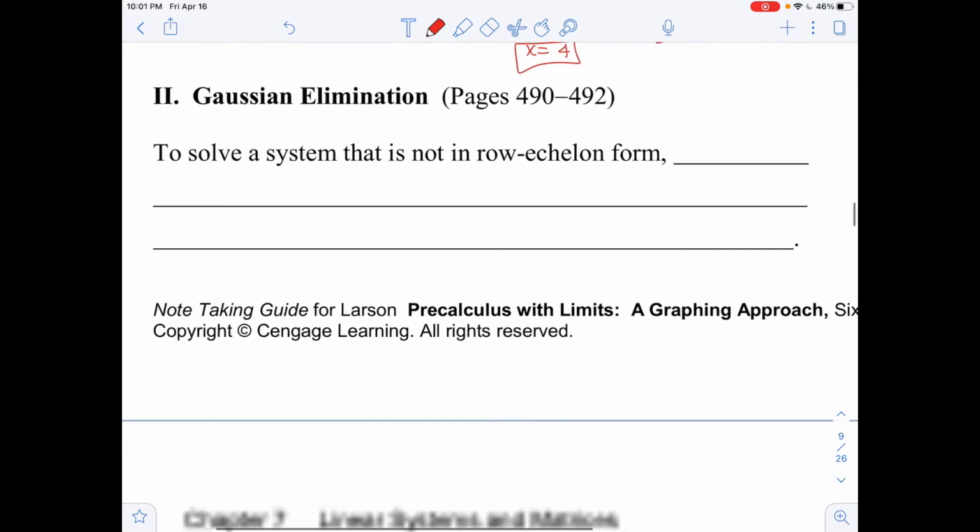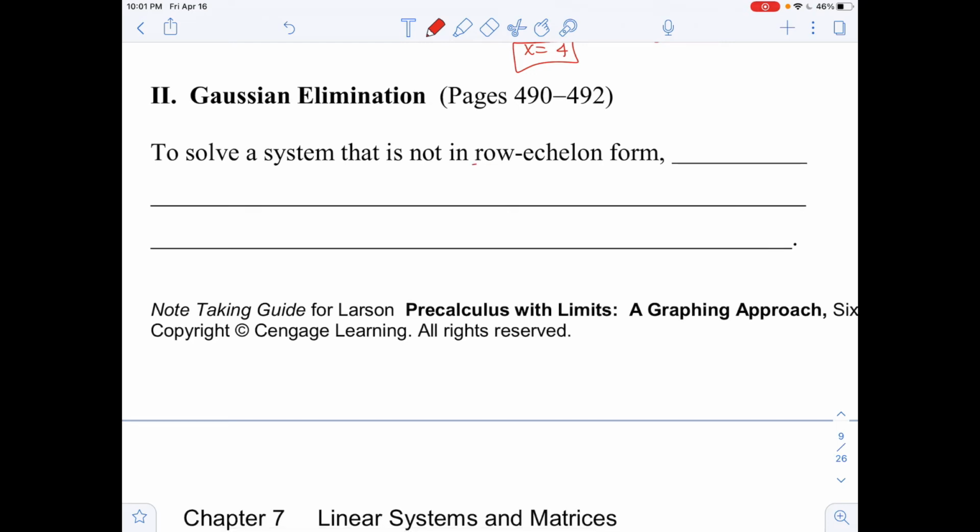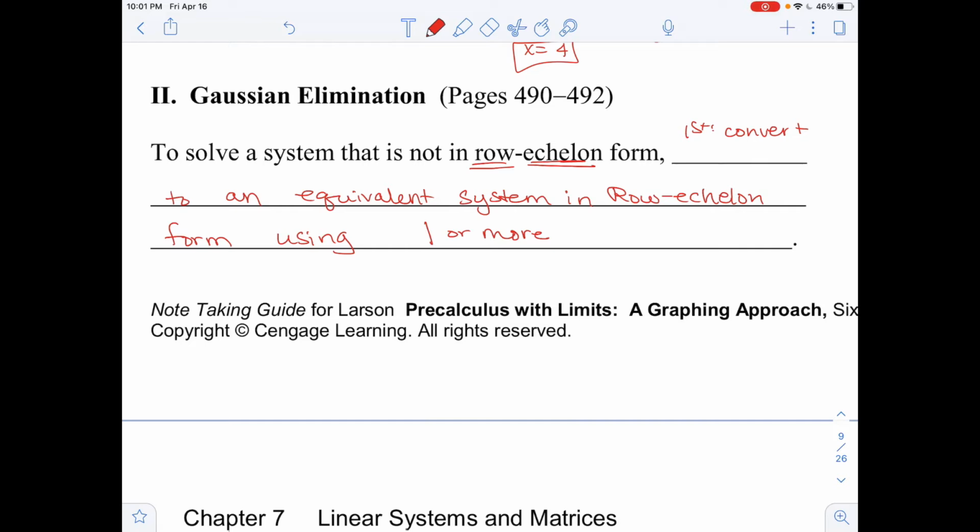So let's talk about Gaussian elimination a little bit more. To solve a system that's not in row echelon form, first, you're going to convert it to an equivalent system, meaning we're not doing anything that's not equal, in row echelon form using one or more, usually more, elementary row operations.